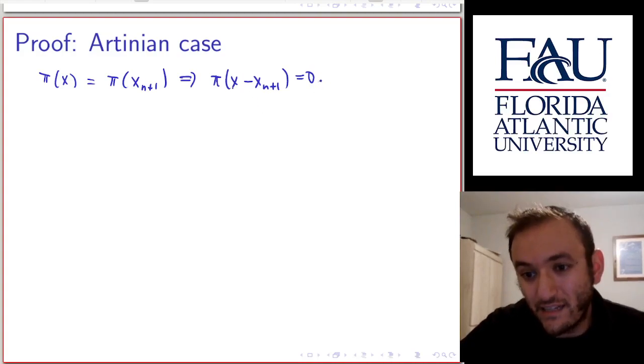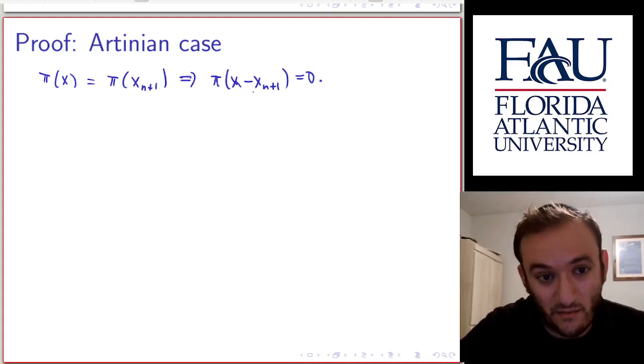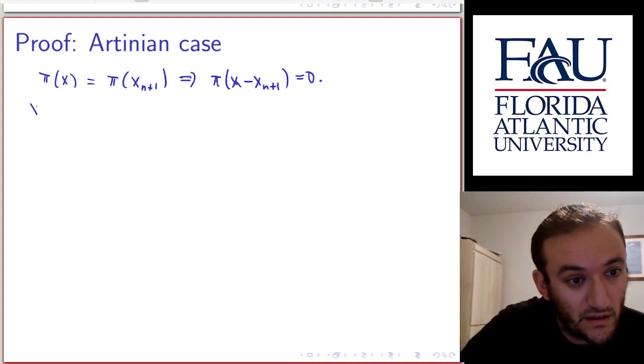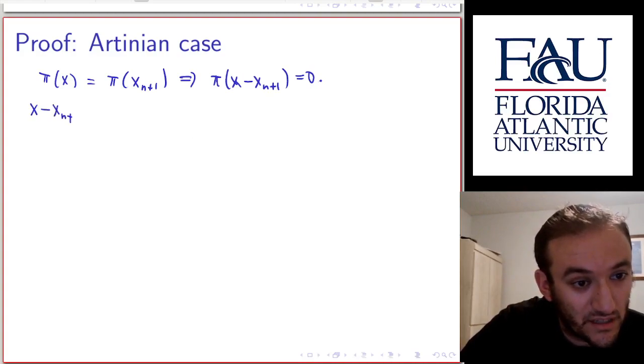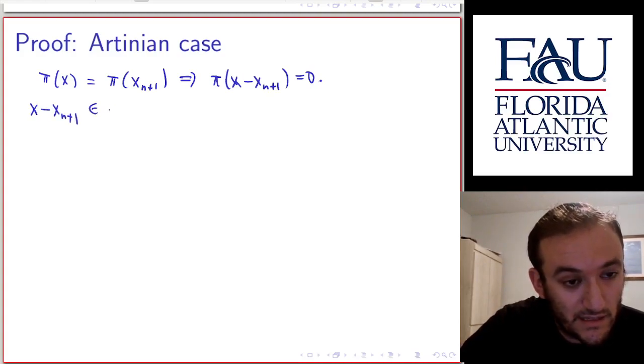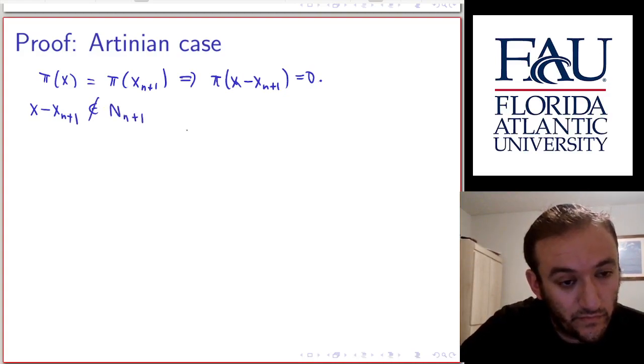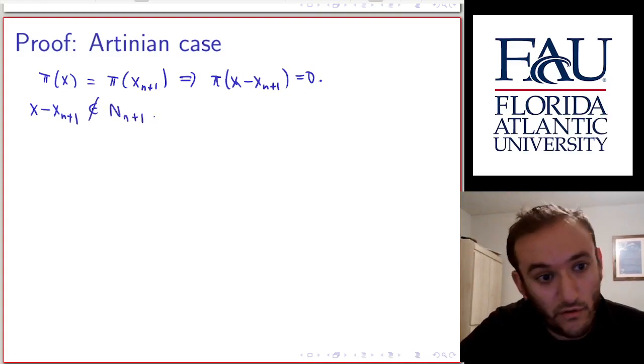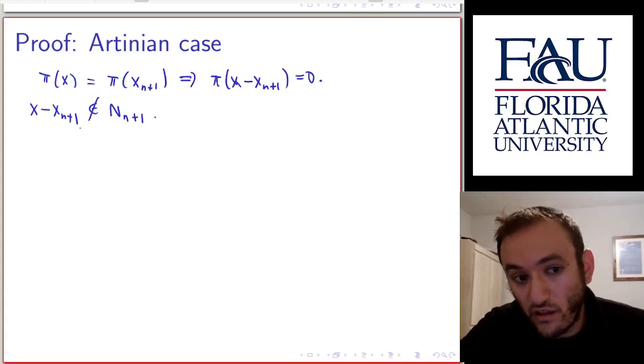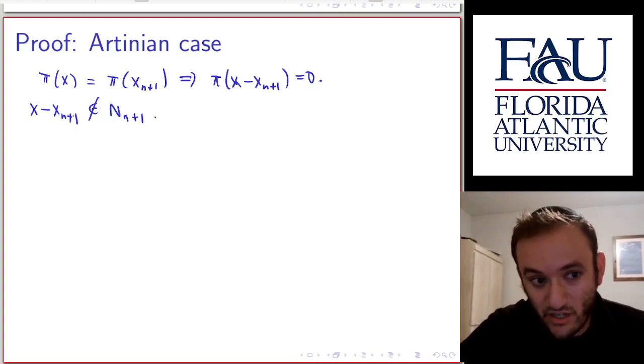But x is not in n_{n+1}, so this is an element of n_n which is not an element of n_{n+1}. So x minus x_{n+1} is not in n_{n+1}, and its image is 0. But we know that the kernel of the map pi is equal to the image of the map i.